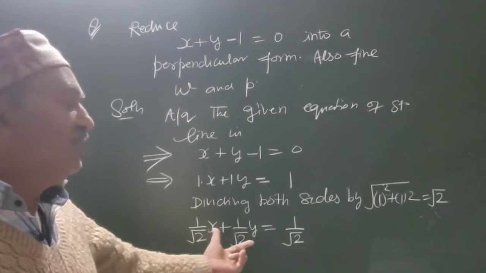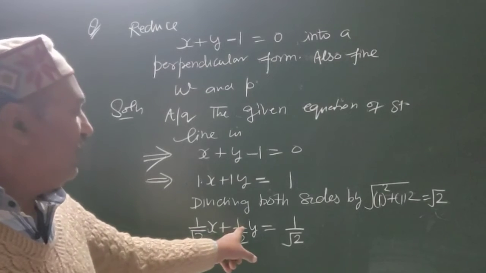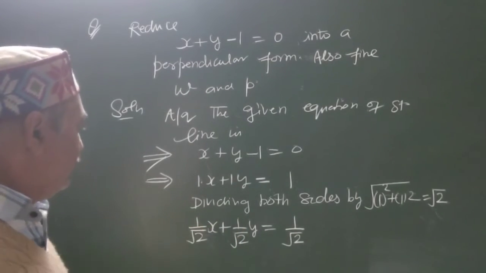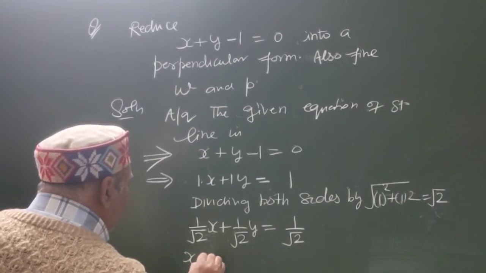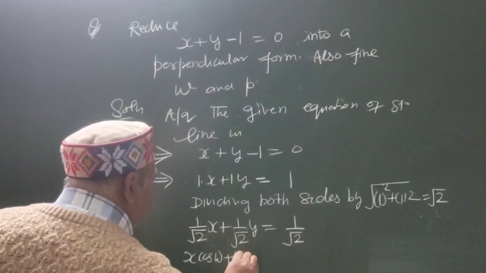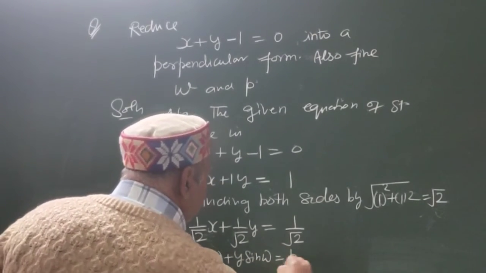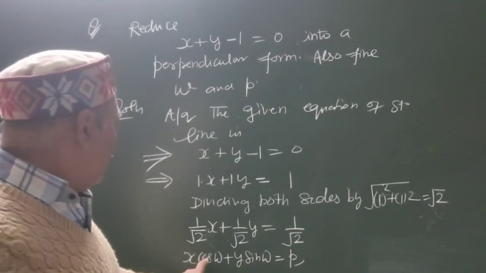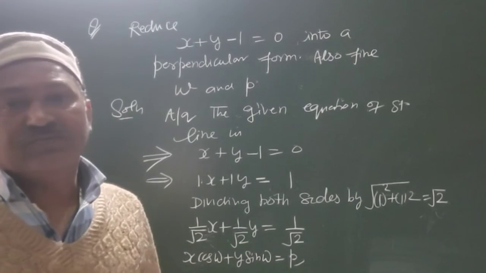Which is the perpendicular form, where this is the p, this is cos omega and this is sin omega. So x into cos omega plus y into sin omega is equal to p, where p is 1 by root 2, cos omega is 1 by root 2 and sin omega is 1 by root 2.